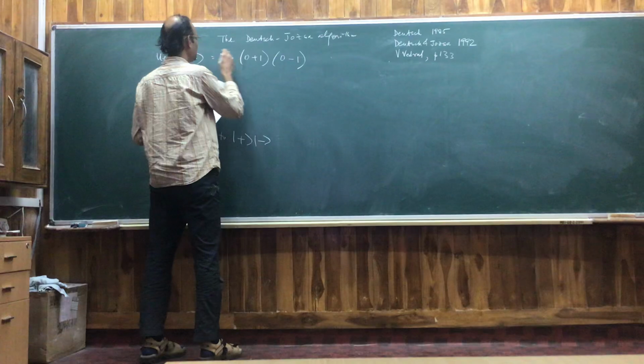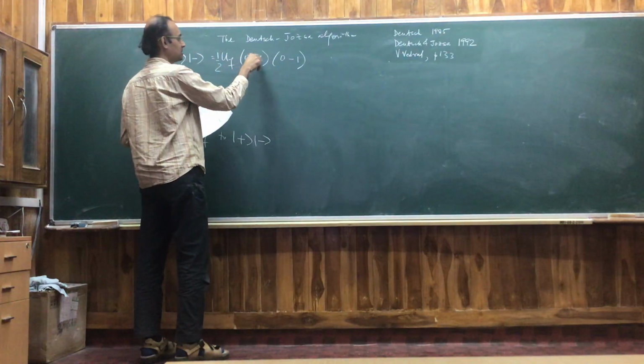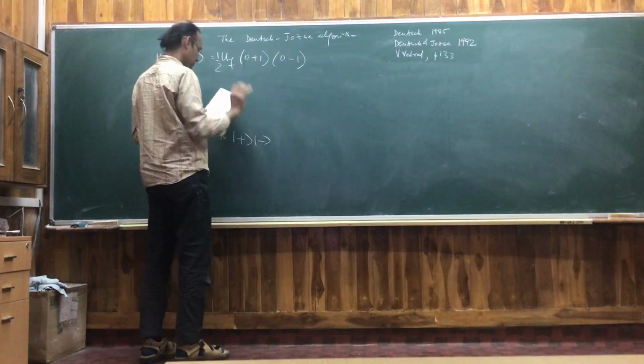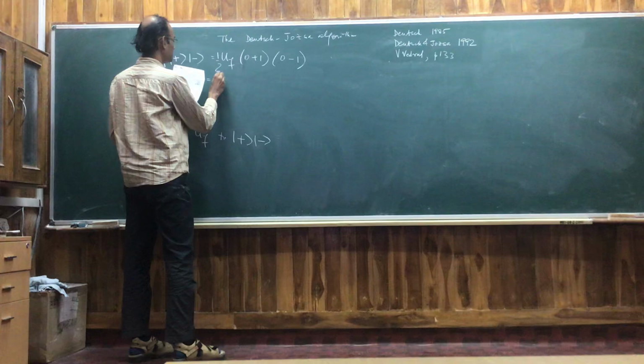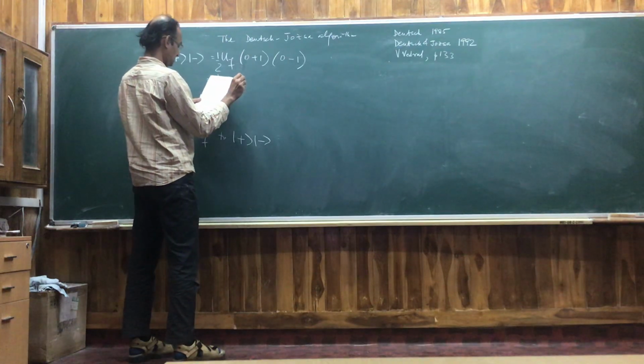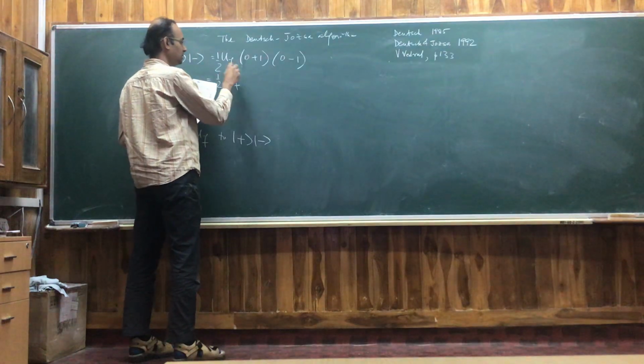There's a ket and there's a root 2, and root 2 that comes here. There are kets here and there's a tensor product here. I'm not writing all that. This is assumed to be linear.